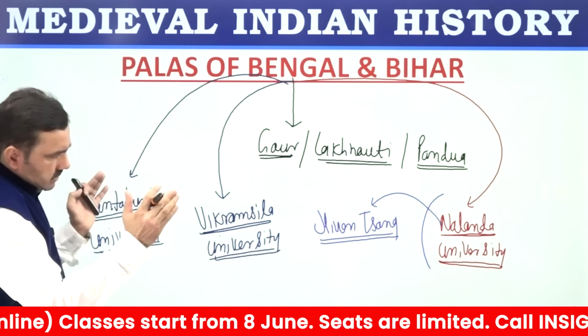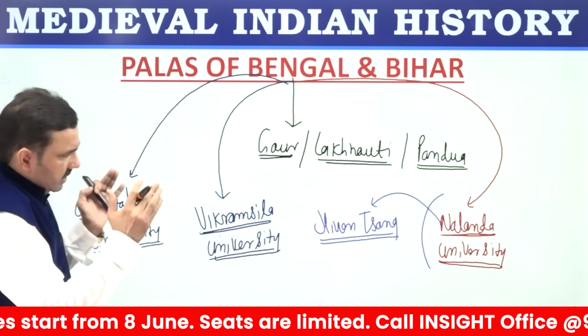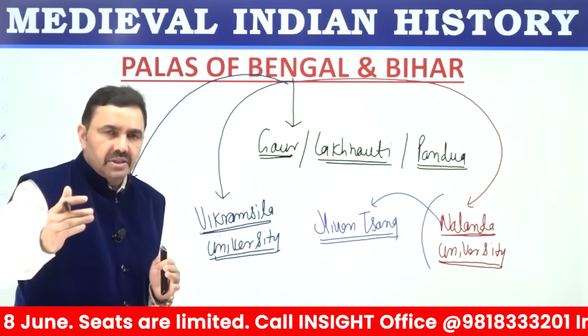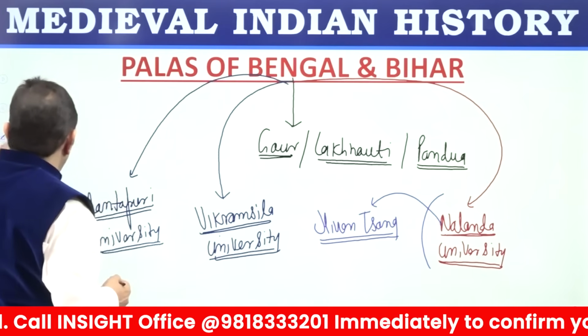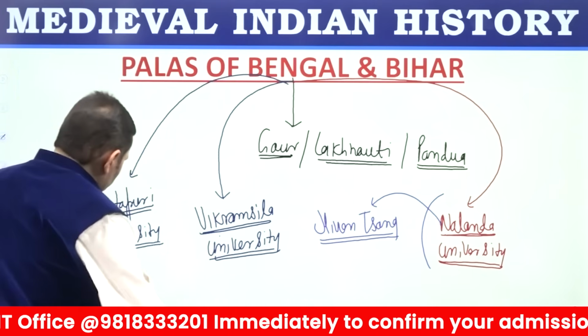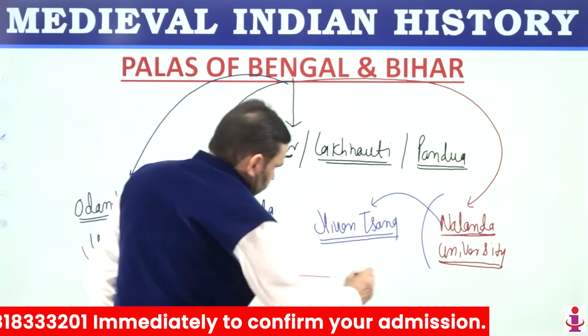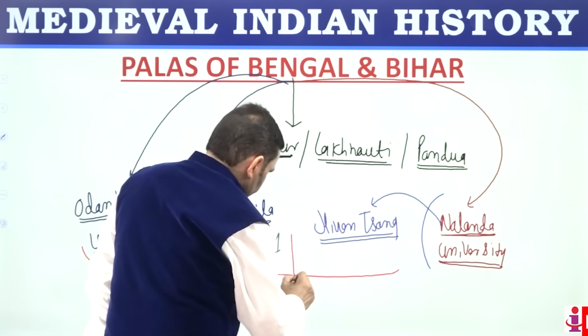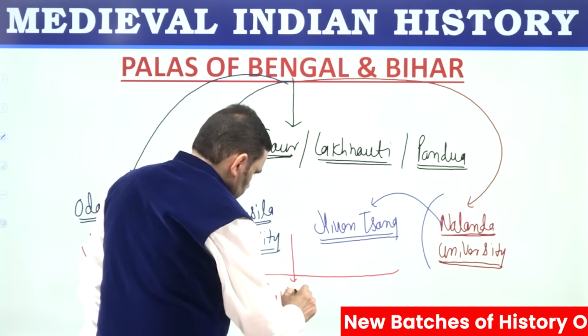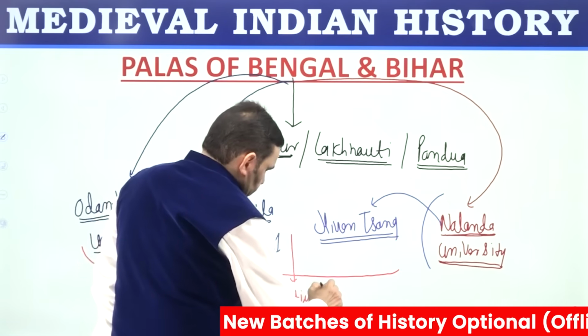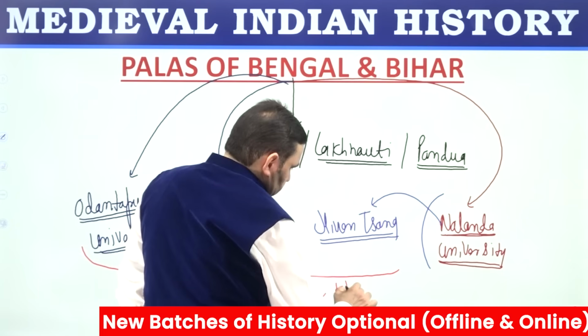So these were the prominent universities of early medieval age, and all these three were destroyed by Turkish invaders. Particularly the name of the person was Bakhtiyar Khalji, Bakhtiyar Uddin Khalji.